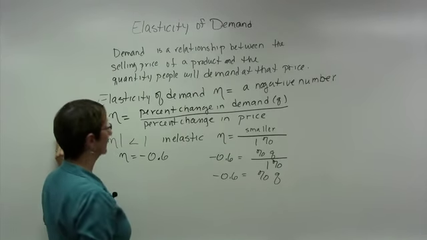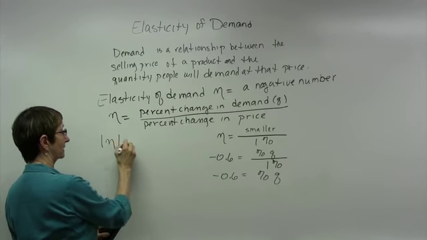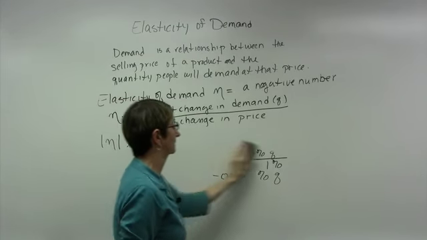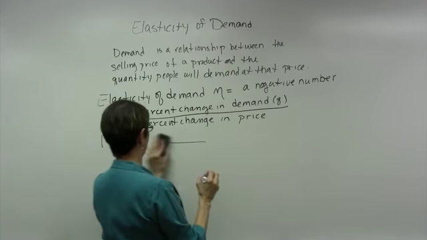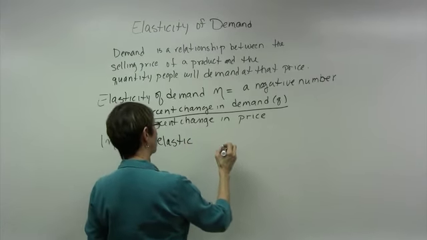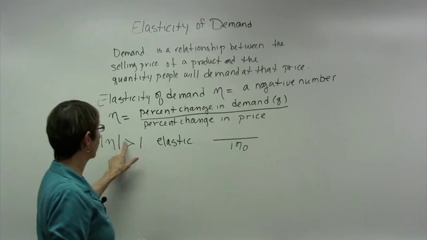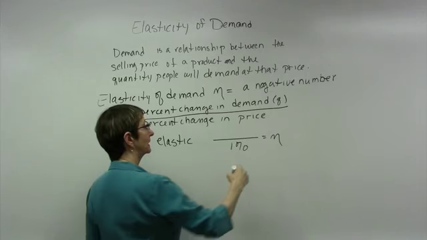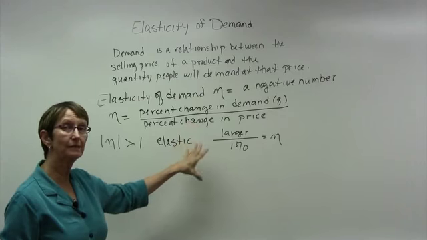Well, after eta less than 1, we have eta greater than 1. Excuse me, absolute value of eta greater than 1. So let's see what that fraction is going to give us. That's called elastic. Again, a 1% change in price. And this time my elasticity eta has to be greater than 1 in absolute value. So I have a larger than 1 change in demand.